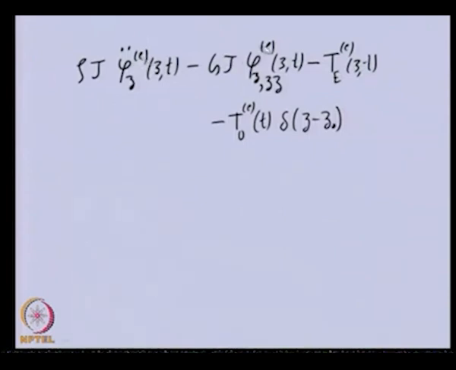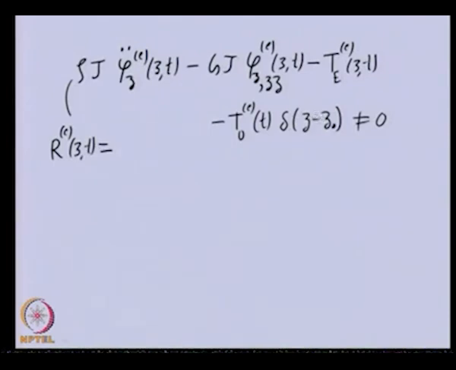This represents the element, and because these solutions are approximate, this will not be perfectly 0, and this quantity we will call the residual, which is a function of z and t. So, the whole quantity is the residual.